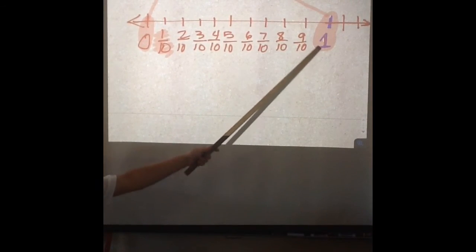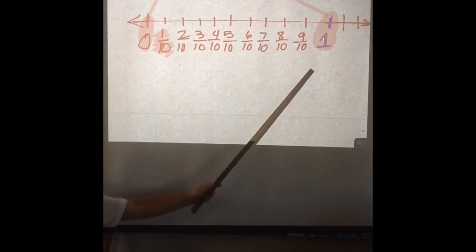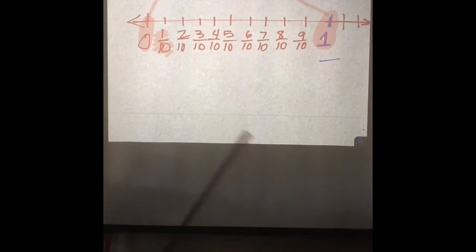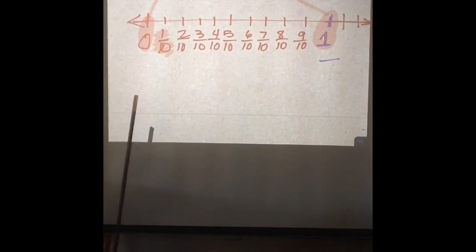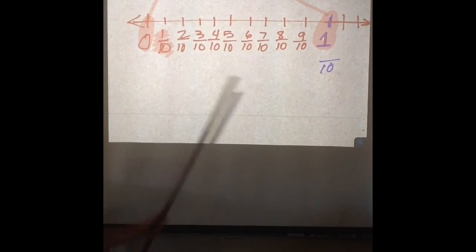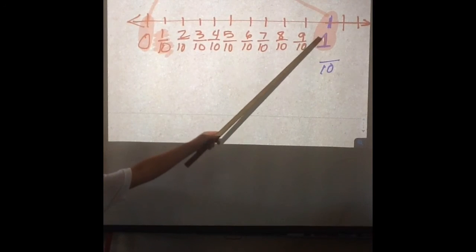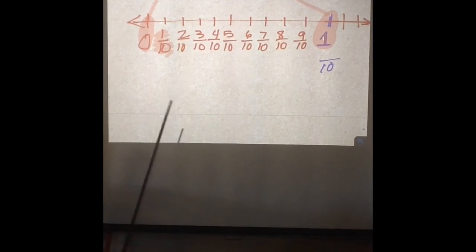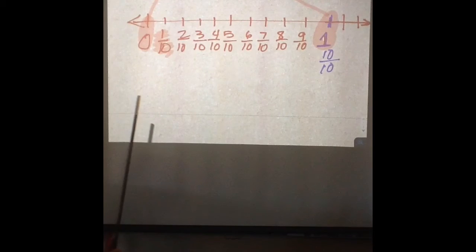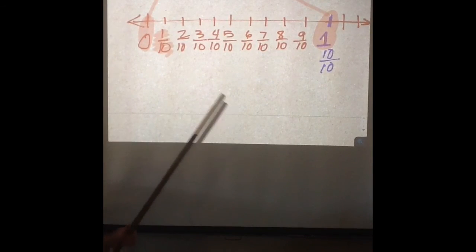So what would be our bottom number below that one? You just counted 10 pieces, and this is all 10 pieces. So we have 10 over 10, or 10 tenths.